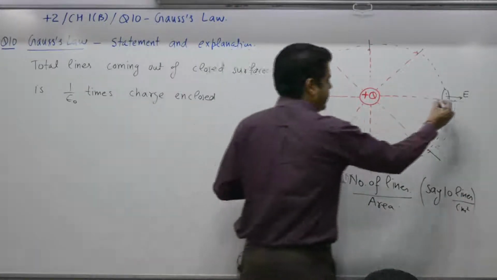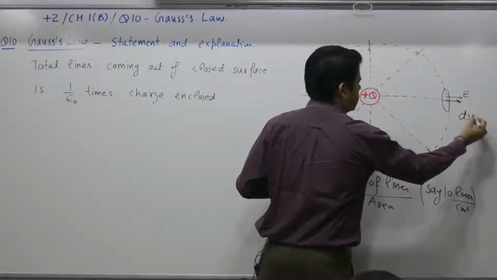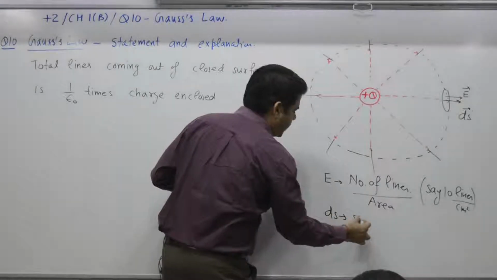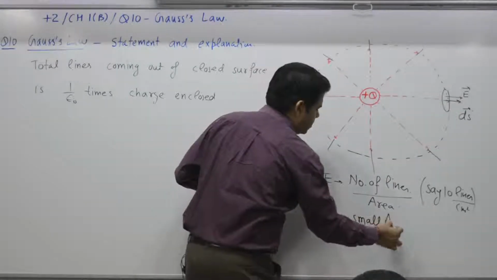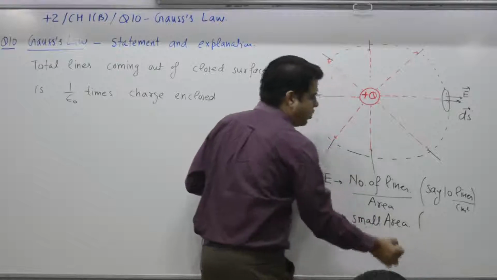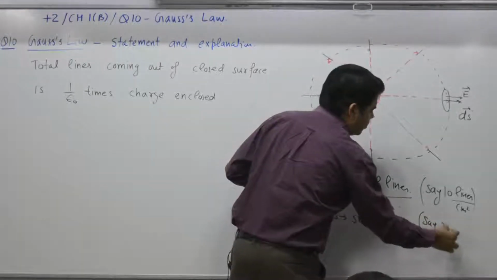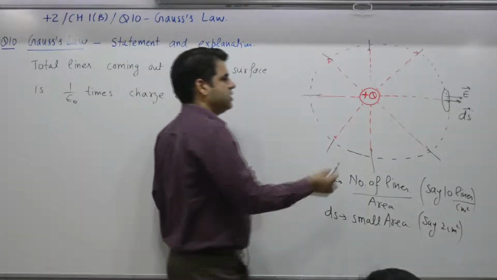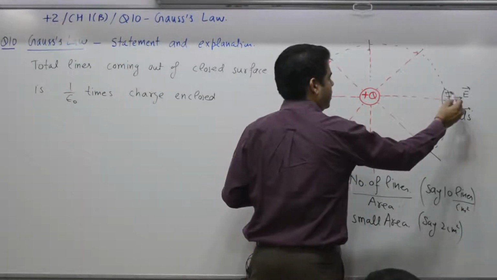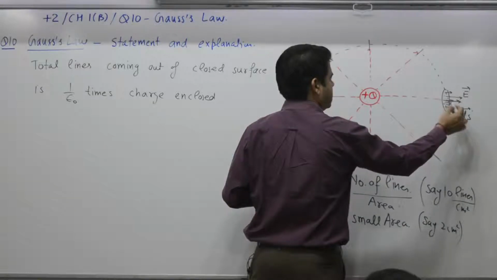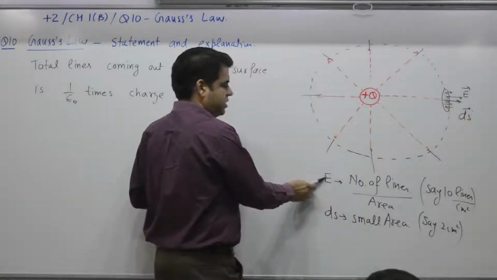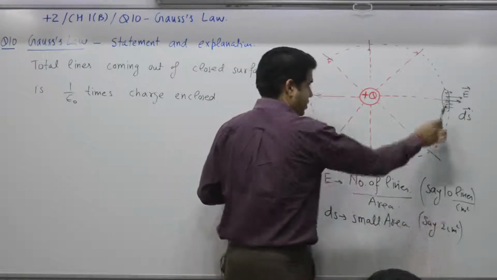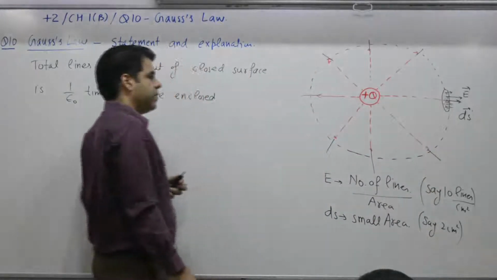This is a small area, ds. ds represents a small area, say, as an example, very small, but let me say 2 centimeter square. How many lines will come out of this? E represents 10 lines per centimeter square, ds is 2 centimeter square, so 20 lines will come out of this small area.